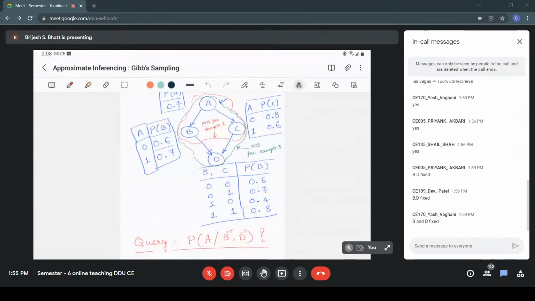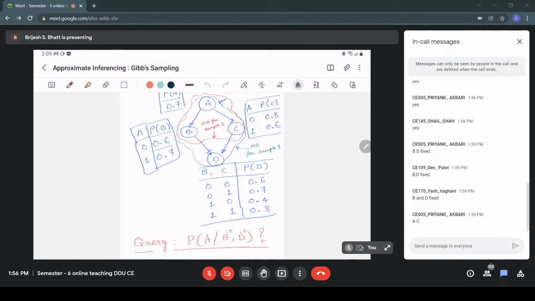And we know that we want to count only those samples where B is equal to true and D is equal to true. So keep them fixed. And which variables are we going to sample? A and C. B and D are fixed. We want to sample only A and C.